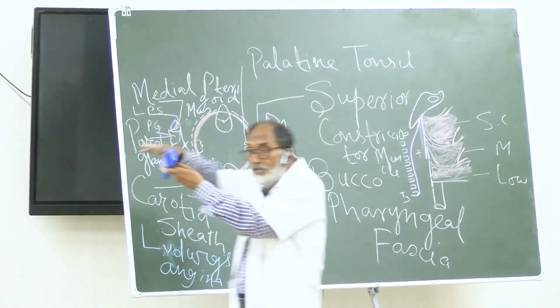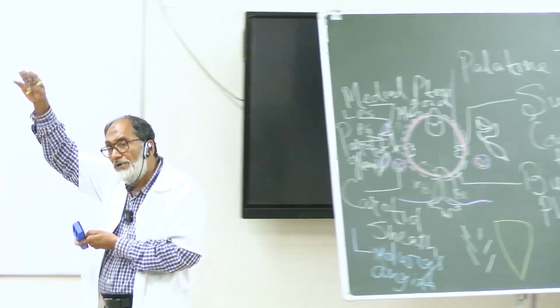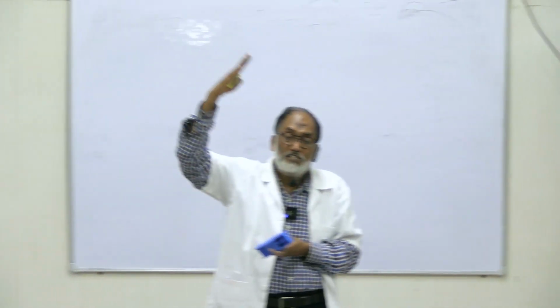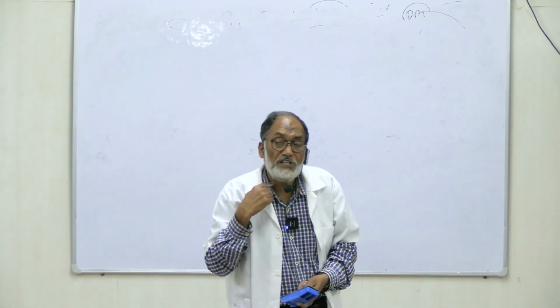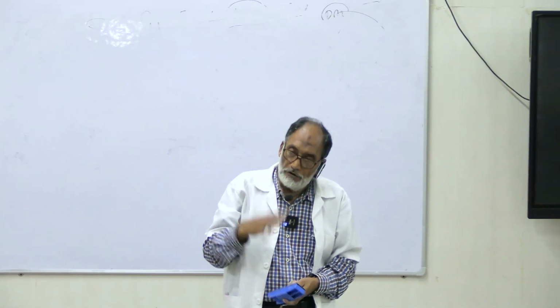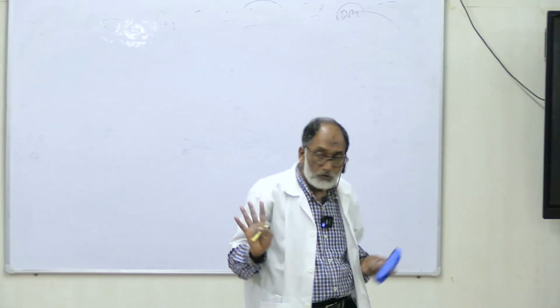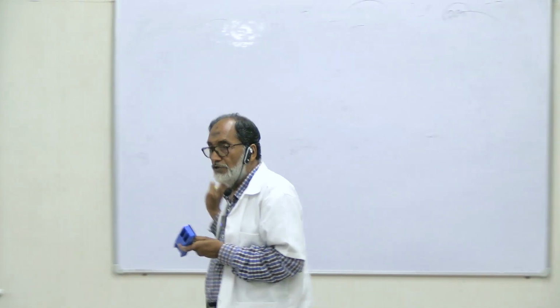Its upper end is directed above, that is the base of the skull. Below it extends up to the hyoid bone. Hyoid bone, understood? So this is the lateral pharyngeal space.